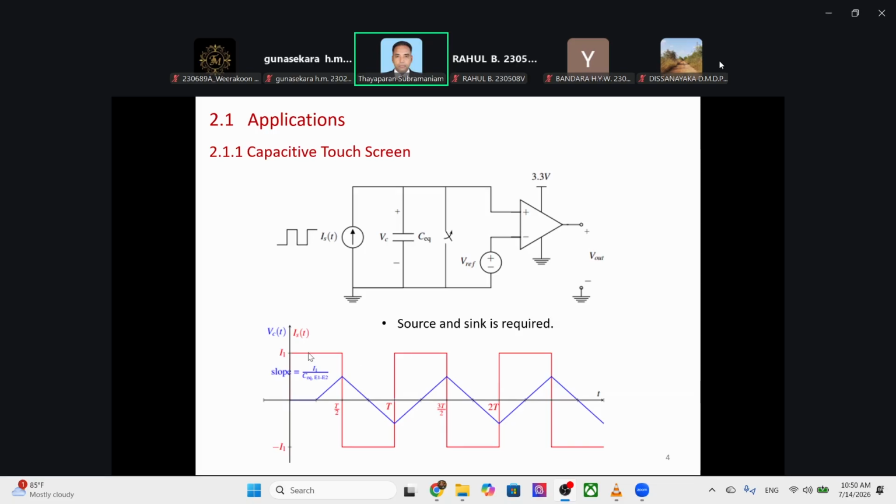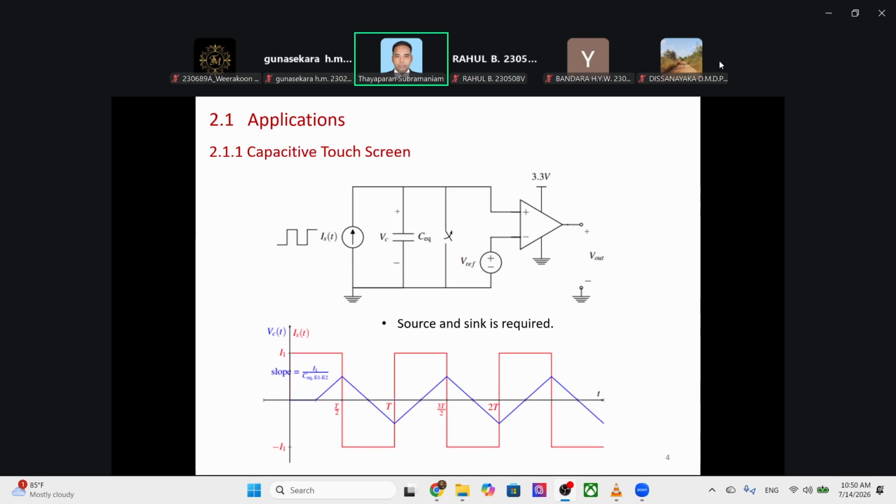You can see the current waveform in red and the capacitor voltage waveform in blue. The capacitor will charge and discharge, and that cycle keeps going. We have current in the positive direction as well as the negative direction, so the capacitor will reach a maximum voltage.